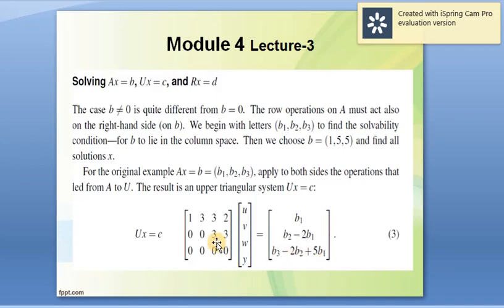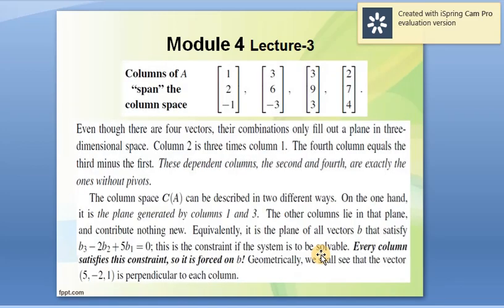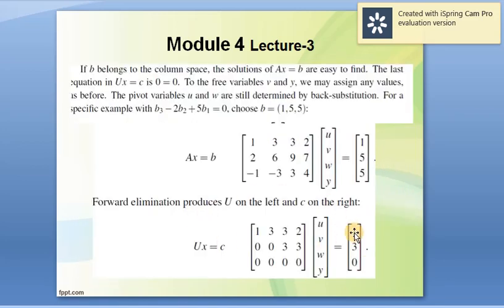So in Ux equals c, we need this column, which is the operated column. To obtain c, as we performed the operations, this matrix turns into 1, 3, 0, because it was b1, b2 minus 2b1 and so on. When they are substituted, we get Ux equals c, and c is this matrix.